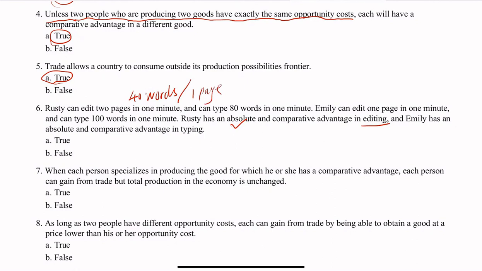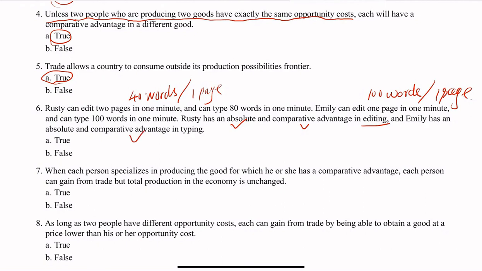What about Emily? Well, this is easy. Emily's cost is 100 words per page. So this implies Rusty does have a comparative advantage in editing. And because Rusty has a comparative advantage in editing, then Emily will have a comparative advantage in typing.